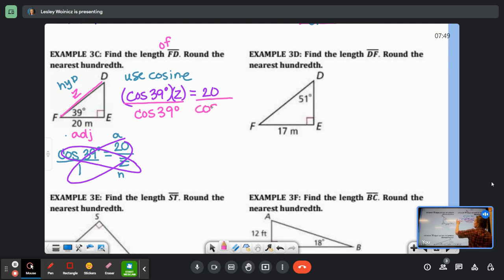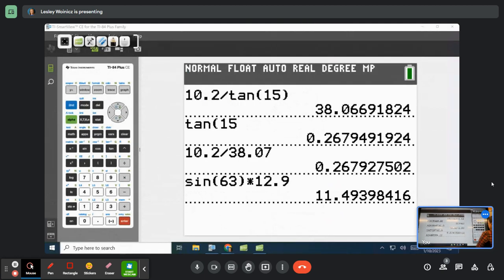Because the cosine of 39 degrees is just a number. You can put it in your calculator, and your calculator will give you an estimate for what it is. So these cancel, and I get z equals 20 divided by cosine of 39.